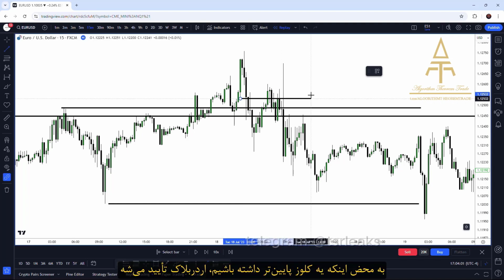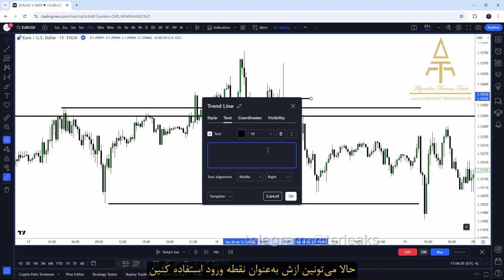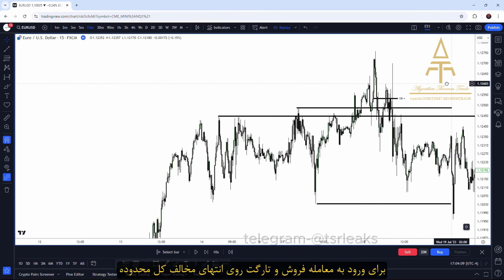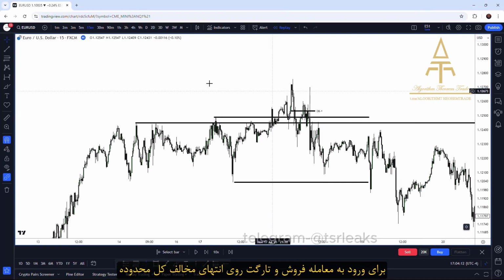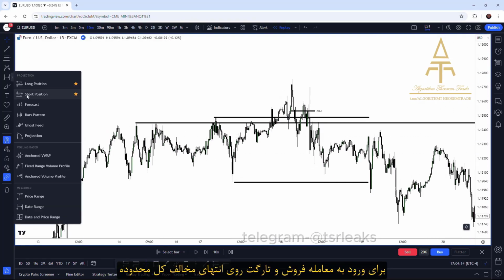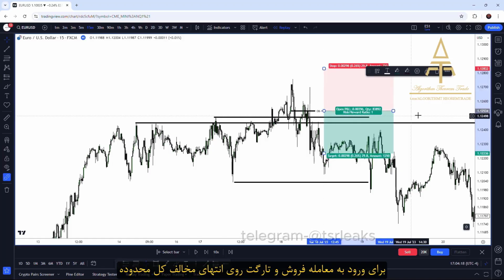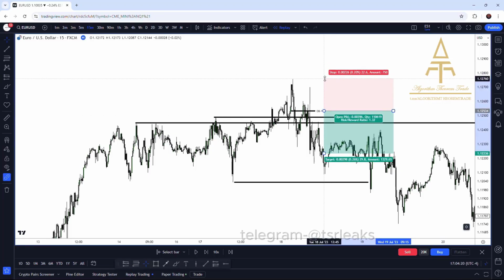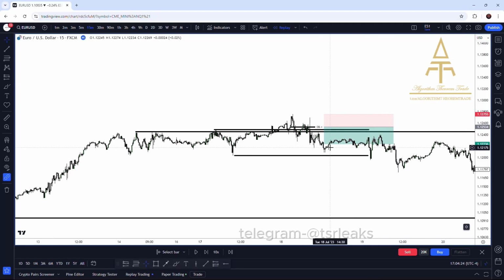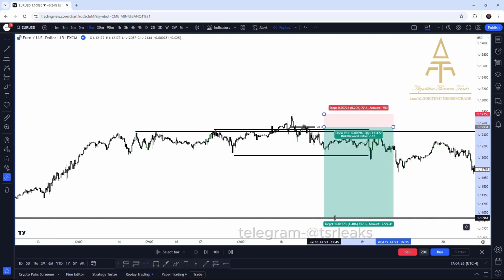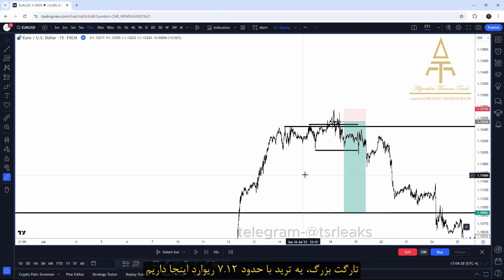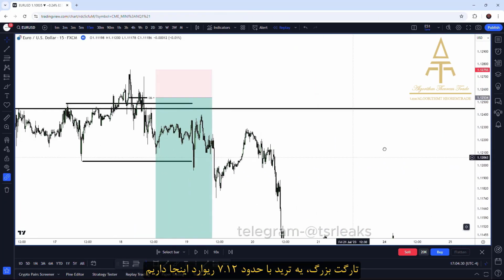As soon as we get a close below, the order block has been validated. You can now use it as an entry point to go short, targeting the opposing end of the entire range. Tight stop loss, large take profit. About a 7.12 R to R trade here.